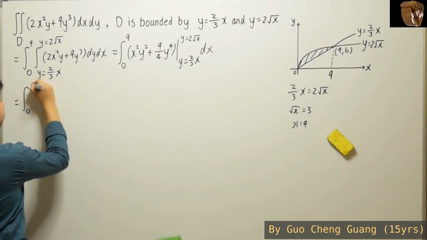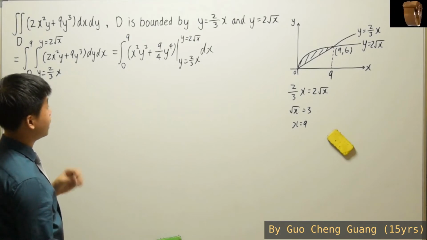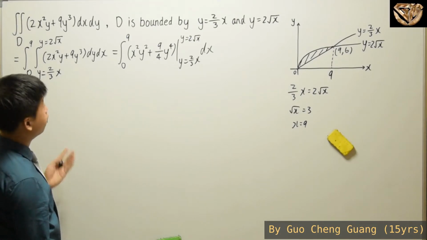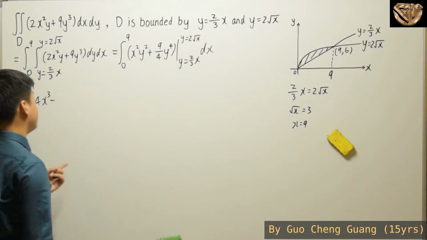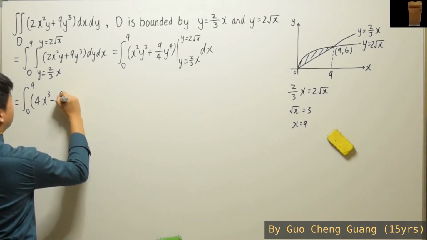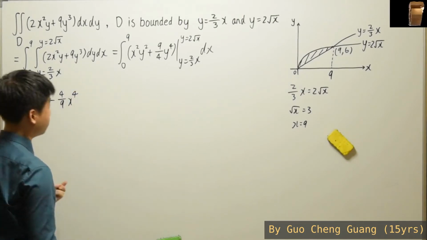Right, so now we're going to put in the values. Integrate from 0 to 9, y squared, well, y is equal to 2 square root x, that will be y squared is equal to 4x, which gives 4x cubed. And then you have to minus 4 over 9 x to the power of 4.